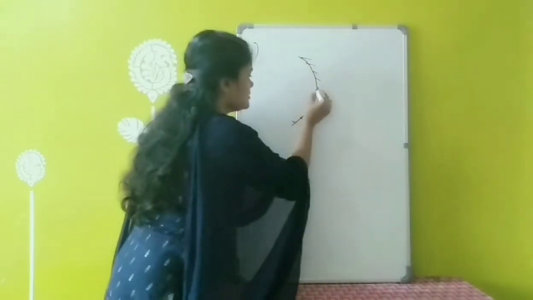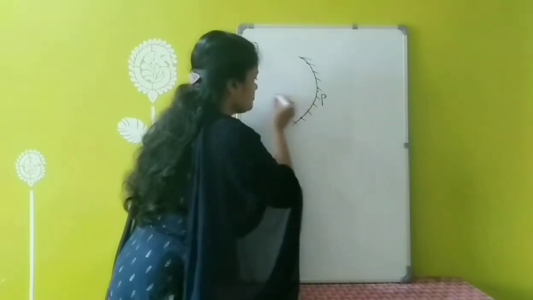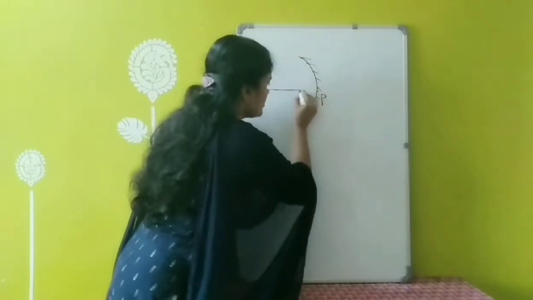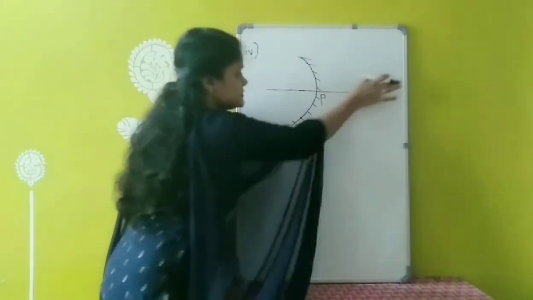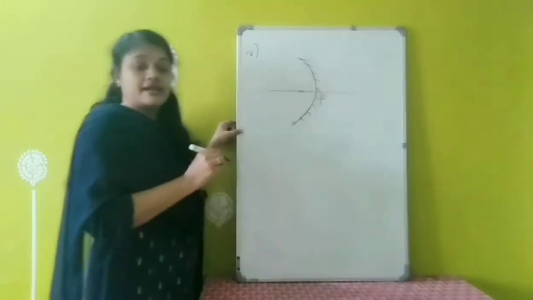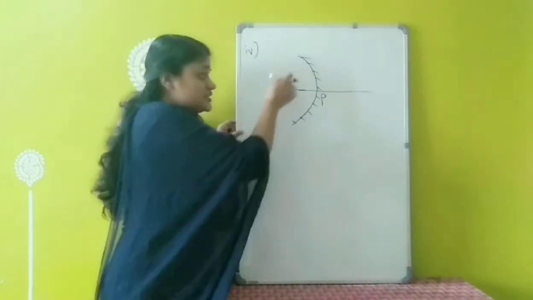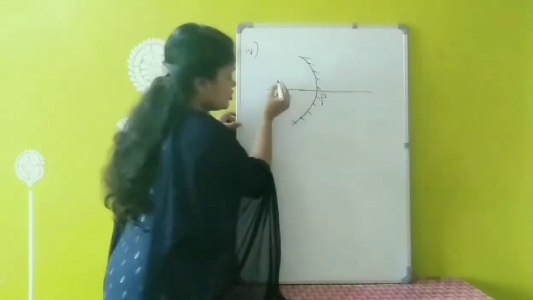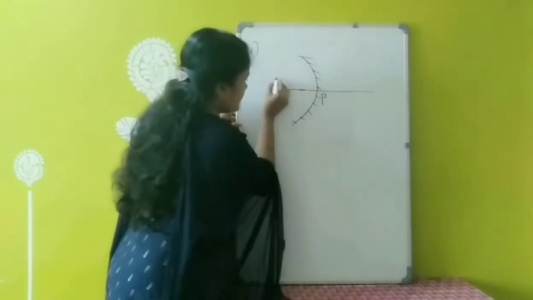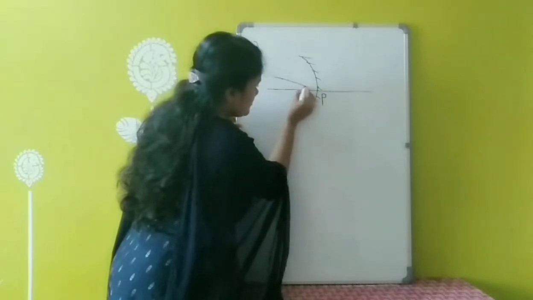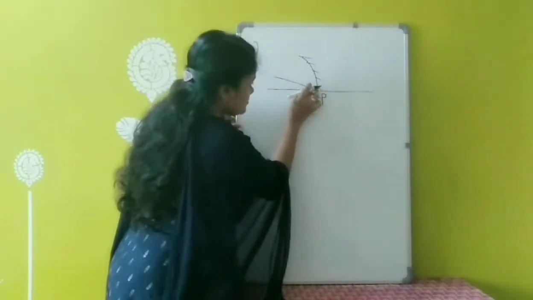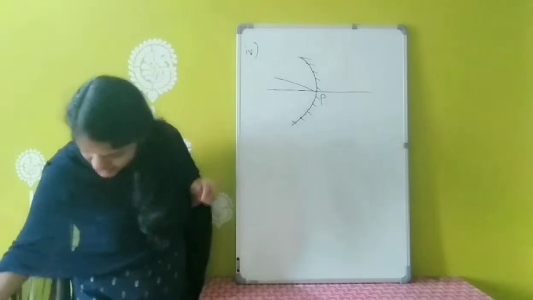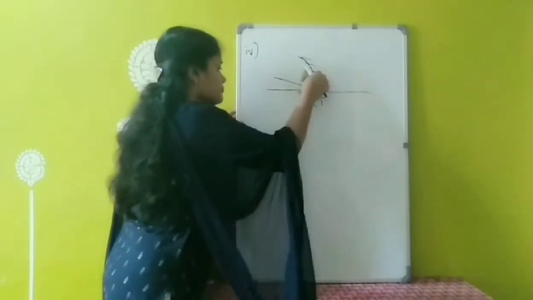Concave mirror, pole, principal axis, and I am taking a light ray which falls obliquely on the principal axis at this pole. Suppose I am drawing a incident ray. So this light ray is incident obliquely.